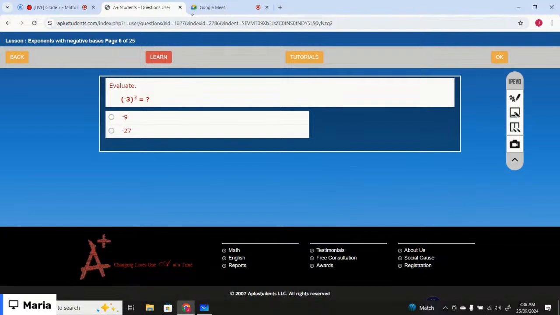That is negative 27. Option number 2 is the correct option. The correct option is negative 1 exponent 3 equals negative 1. Option number 2 is the correct option.